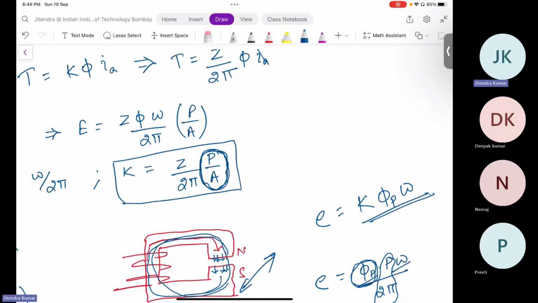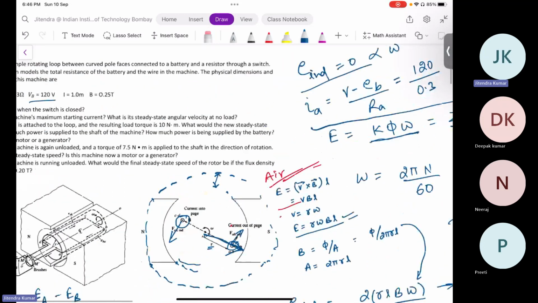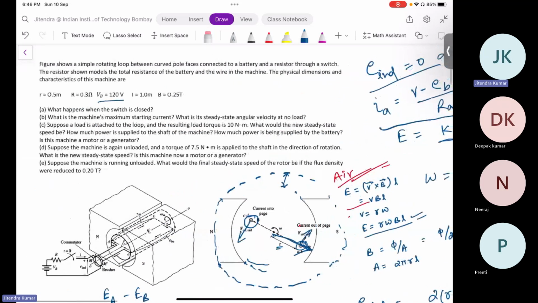Fine. Now to find out the flux, we know the current, and we know the number of conductors. How many conductors are there in this problem? Two conductors, right? Nothing else is mentioned, and you can easily see there are two conductors making a coil.